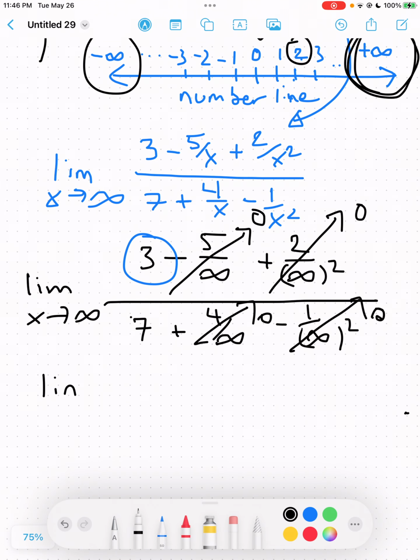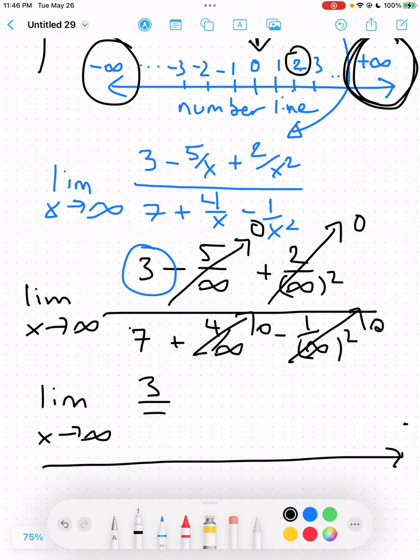the limit as x approaches infinity. Very large number. As x approaches a very large number, our equation collapses to 3 over 7. 3 sevenths. Actually, we should denote it like this.